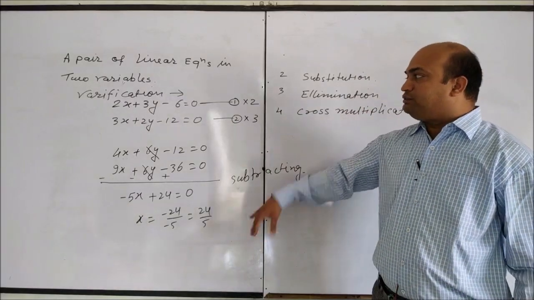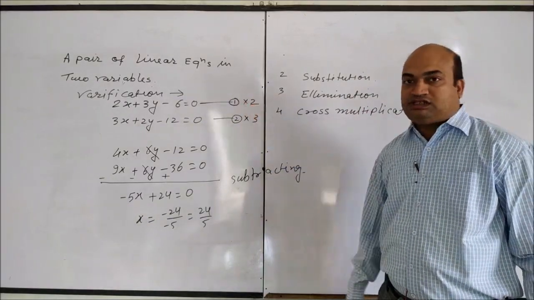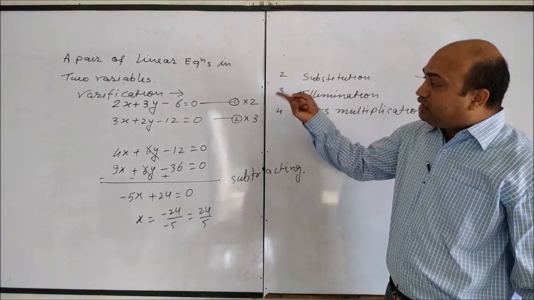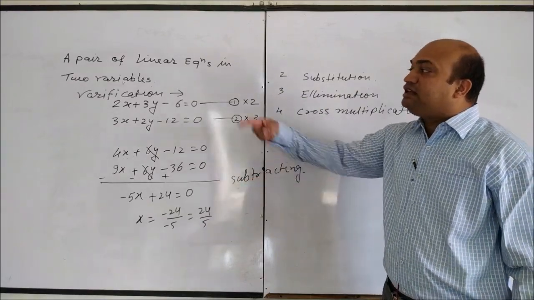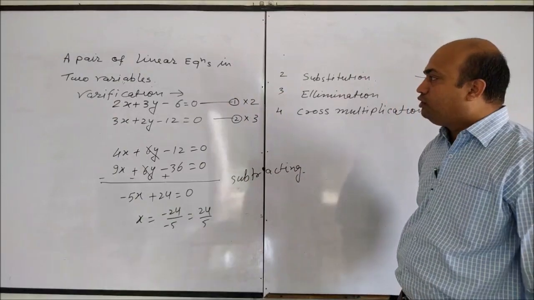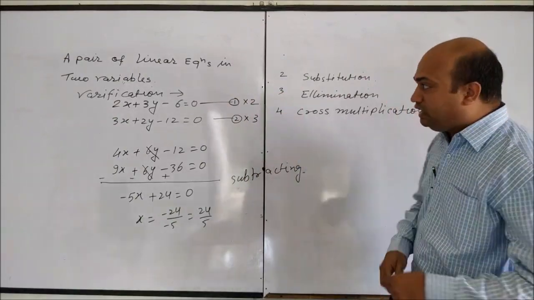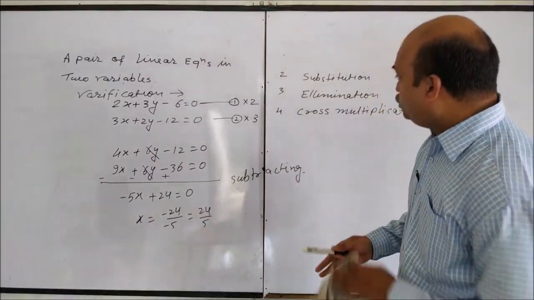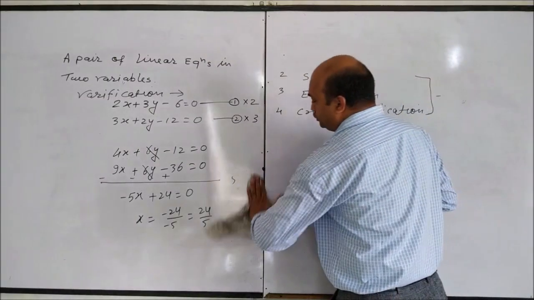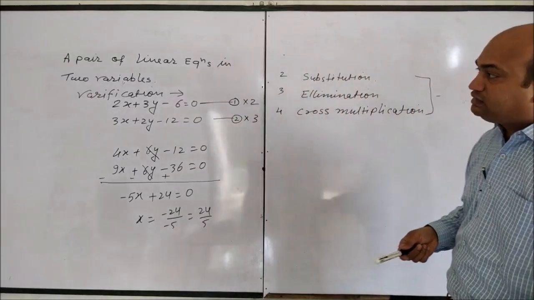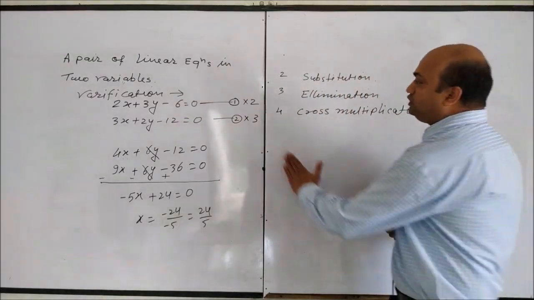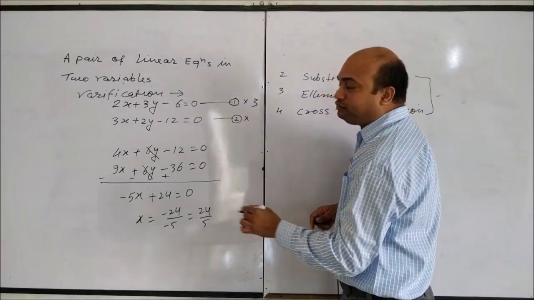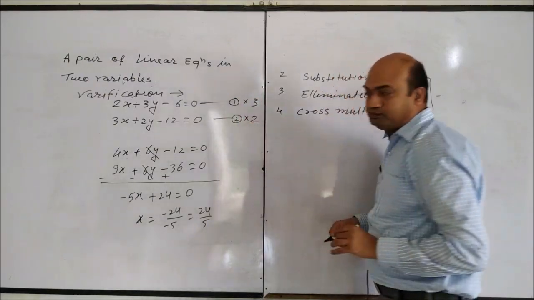This value of x we can put in any of the two equations to get y, or as we eliminated y, we can eliminate x also. If we want to eliminate x, we will make the coefficient of x equal. To make the coefficients of x equal, the first equation we multiply by 3 and the second equation we multiply by 2.